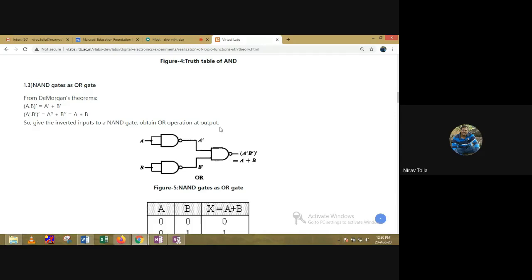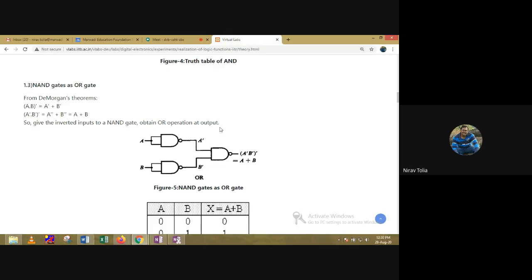Now what does De Morgan's theorem say? Here you can see on the screen: (AB) bar. The dash indicates bar. So (AB) bar is equal to A bar plus B bar.